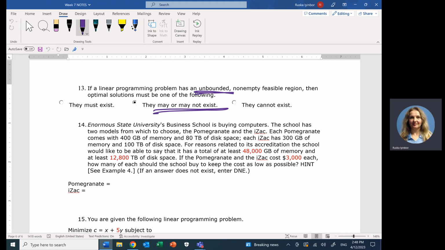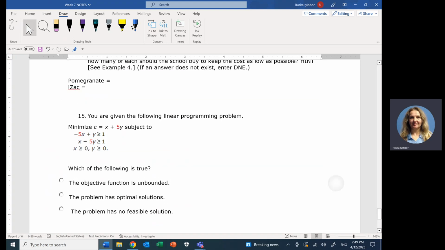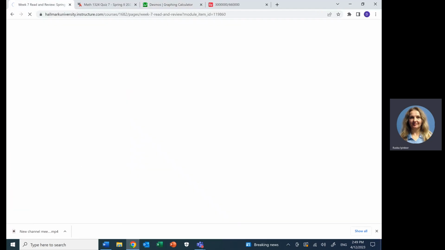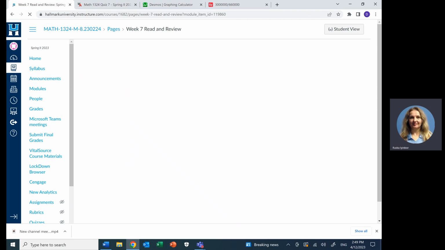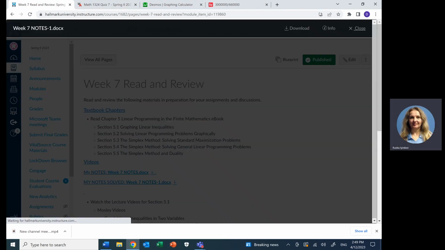Number 14 is done the same way we did with the vanilla and the mocha ice cream. You set up the system here and solve it. And then the last one is another one where you have to solve it. I'm going to show you the solution real quick, and you can just practice by yourself.